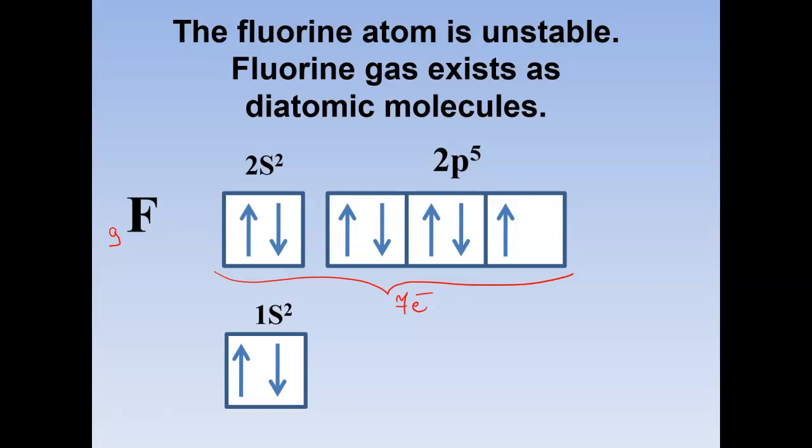So what prediction can we make? If fluorine does not have 8 electrons, it must be unstable. Yes, it is unstable, and that means that fluorine gas exists not as single atoms, only in diatomic molecules. So its atoms are not stable.